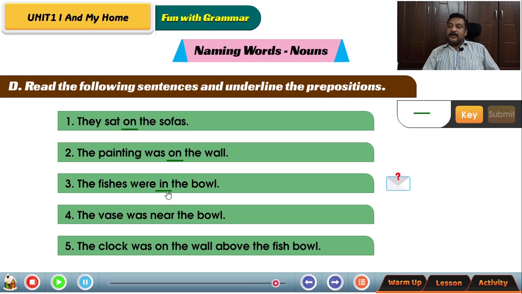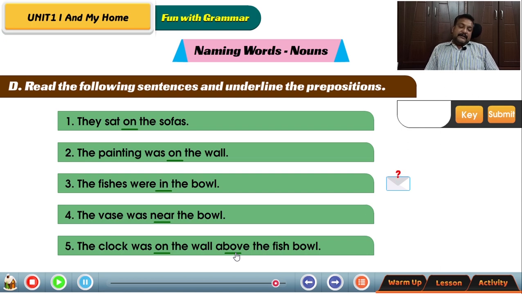So where was the flower vase kept? It was kept near the bowl, right? Now the clock was on the wall above the fish bowl. So the clock was on the wall, and where was it? Above the fish bowl.